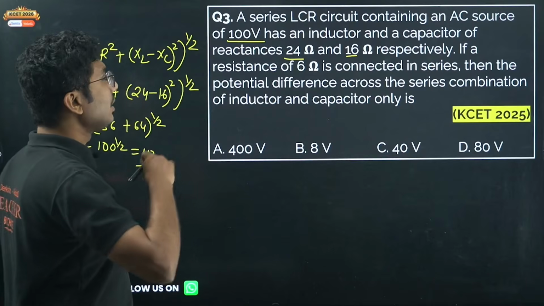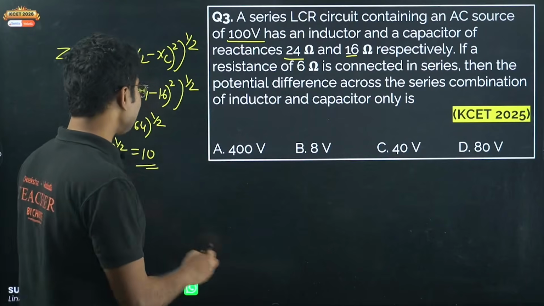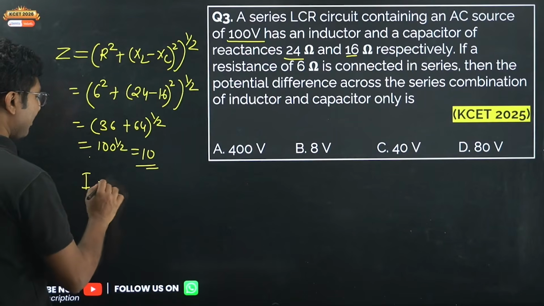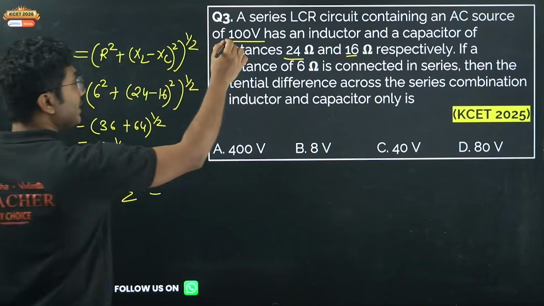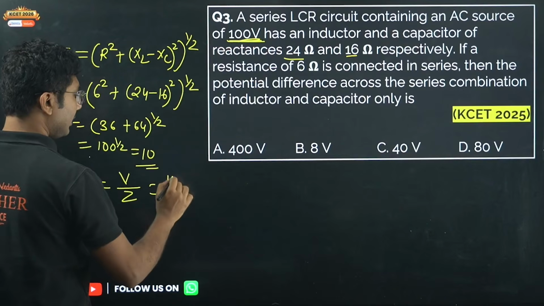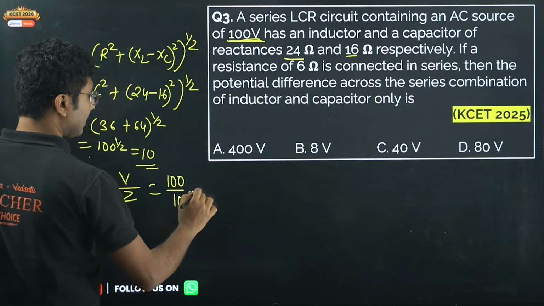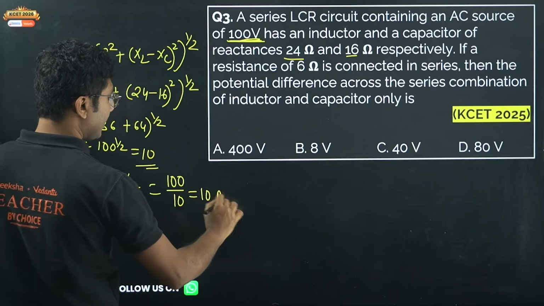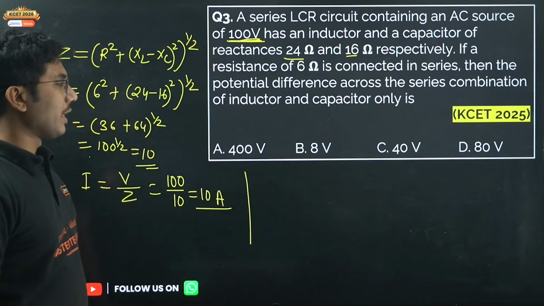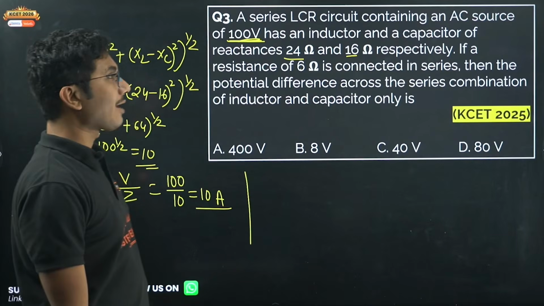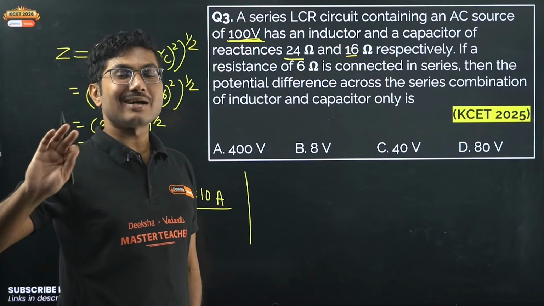Now what about the current in the circuit? Current in the circuit is given by the voltage that you have applied divided by impedance. Voltage here is 100 volt. So 100 divided by 10, that is 10 ampere. So 10 ampere is the current in the circuit. Now you have to find the voltage drop across the capacitor and inductor only.